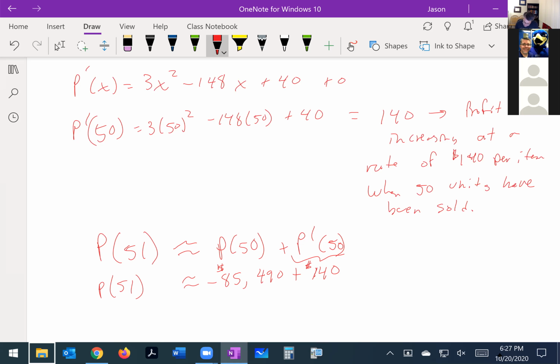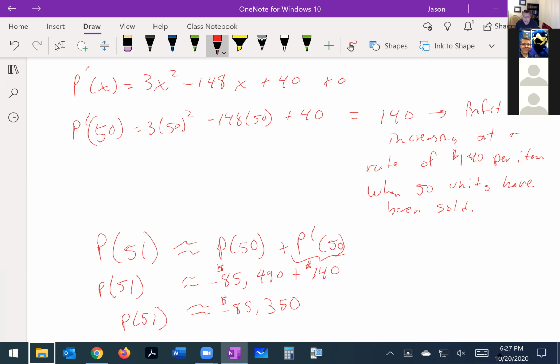So what is that approximately? P of 51 is approximately negative $85,350. So it's still negative, but the debt that we owe is decreasing.